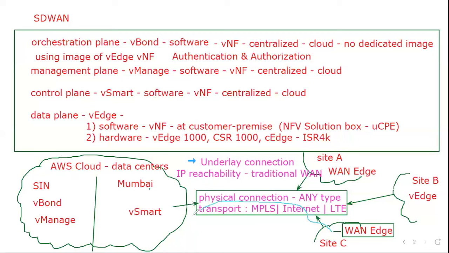First controller is vBond, because this device needs to be authenticated with this domain, right? It needs to have an authorization to join this particular domain, right?